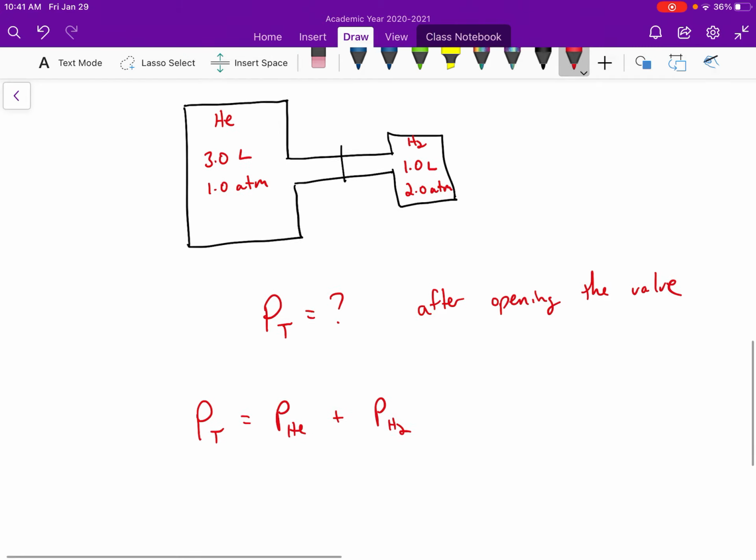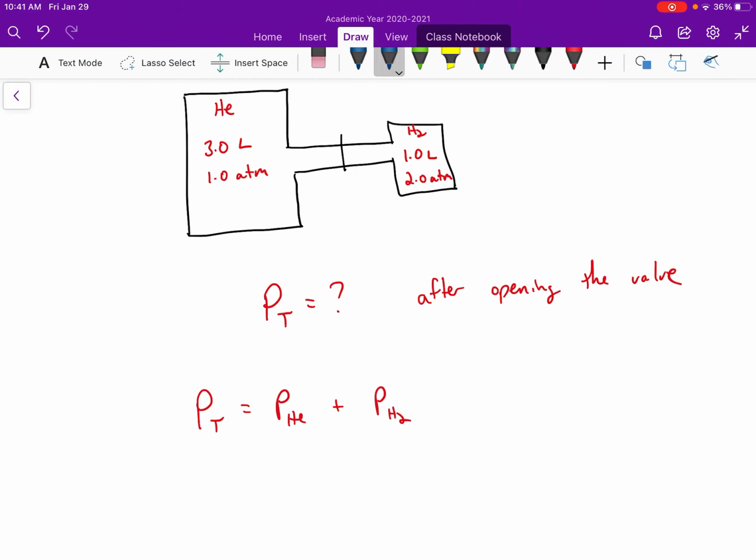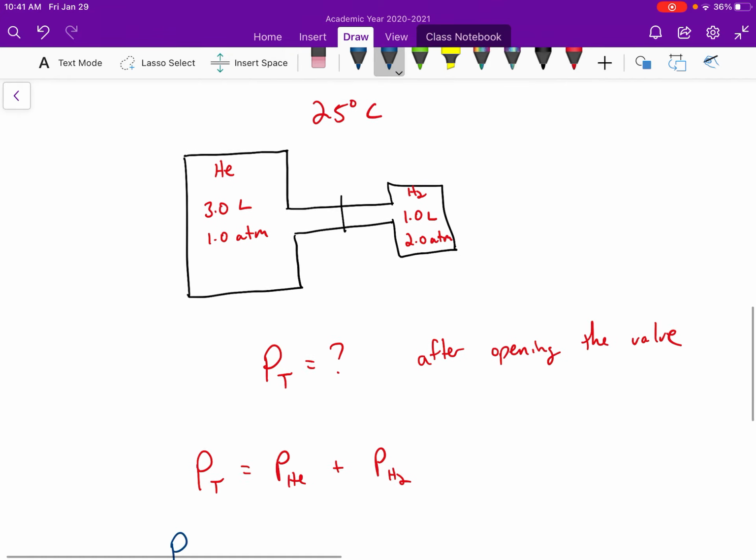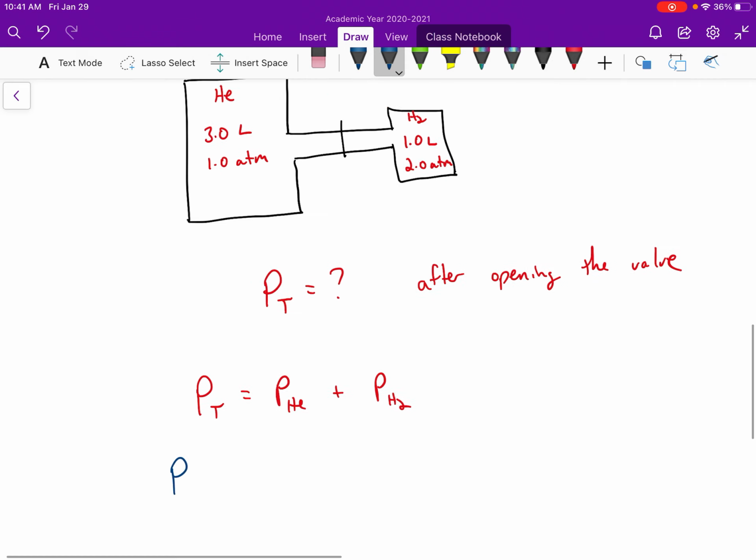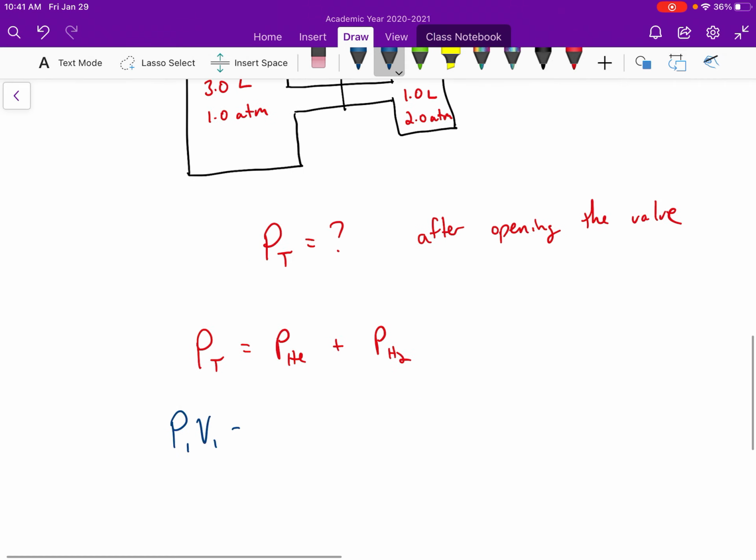So there's a couple ways you could do this, okay? If you recognized that this was a sealed container and that the temperature was constant, which it is, then you can use Boyle's law. So you can do a quick Boyle's law for helium, right? That would be 1 atm times 3 liters initially.